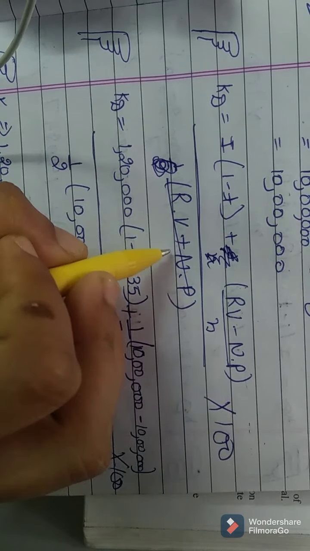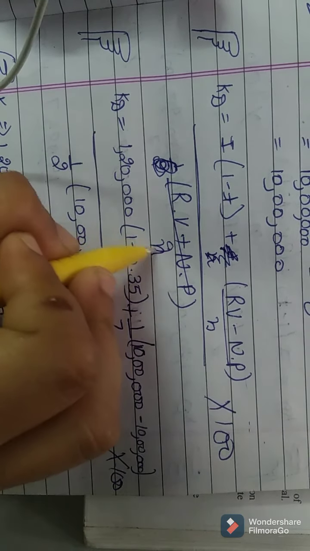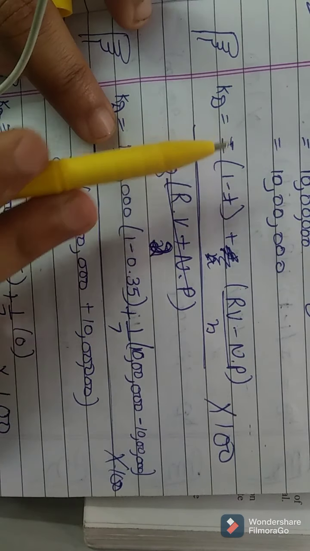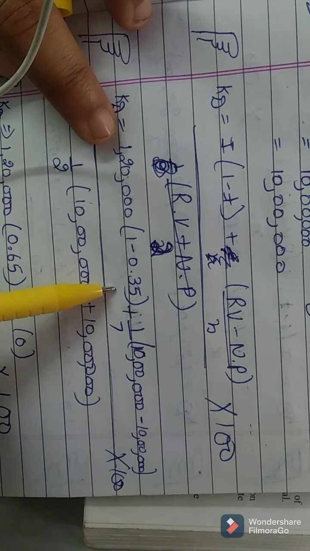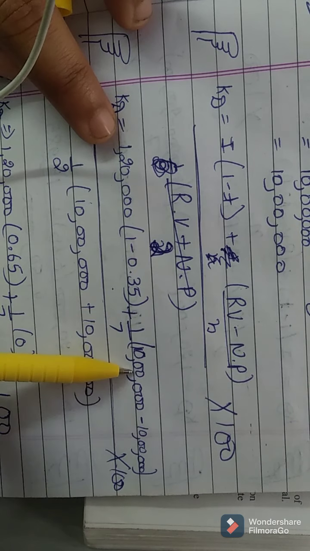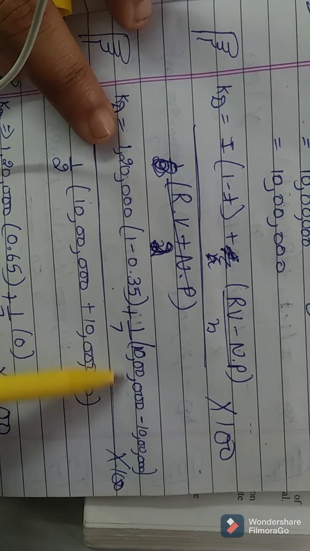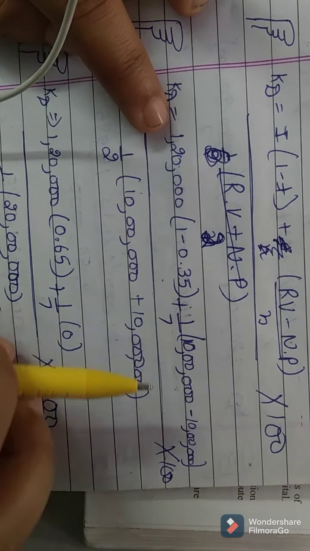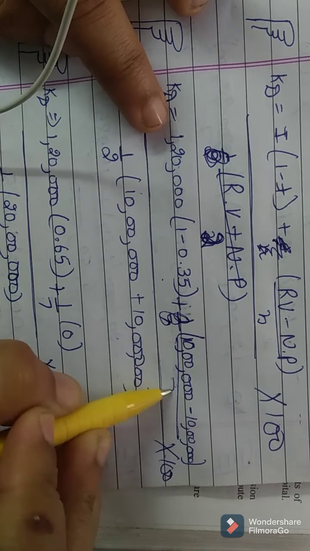The answer is similar. Interest is 1,20,000, T is 0.35, RV redeemable at face value or at par means 10 lakh, NP is 10 lakh, divided by 7.